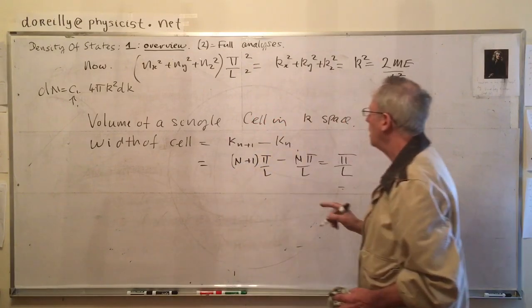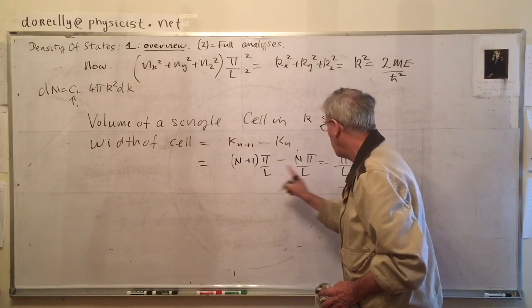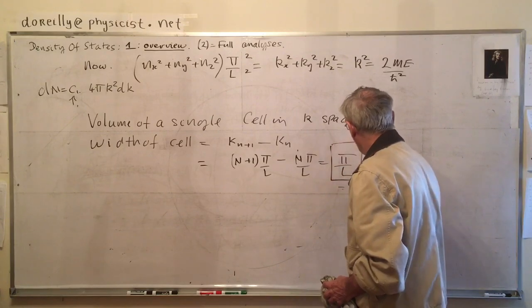So we just subtract this from this one. This is a step ahead of this one, and we get pi over L. We call this L0.